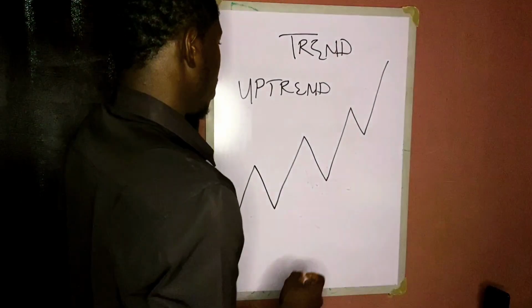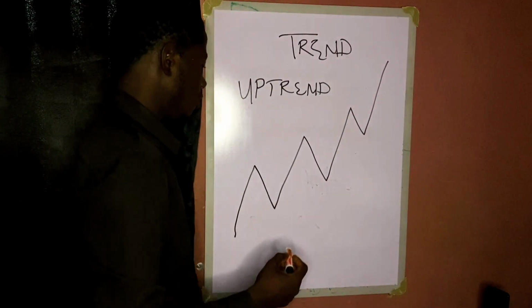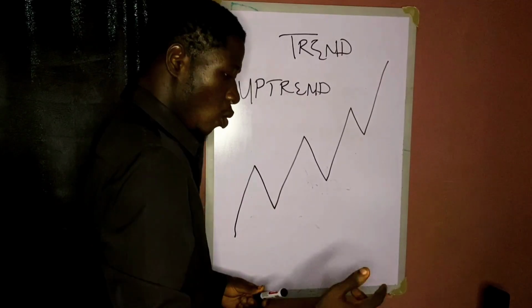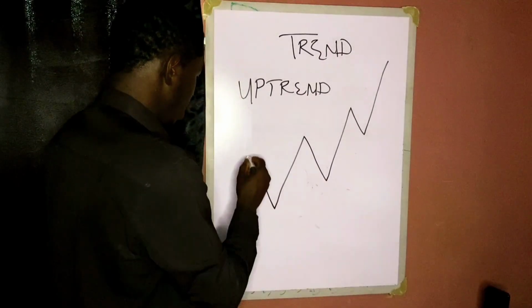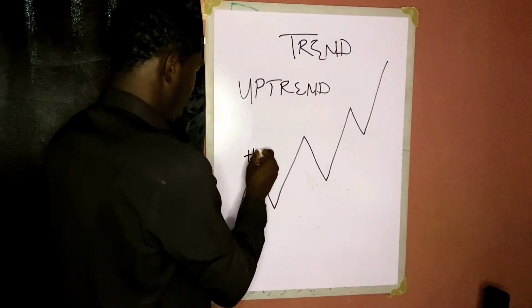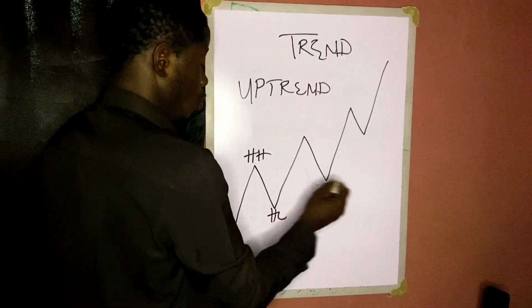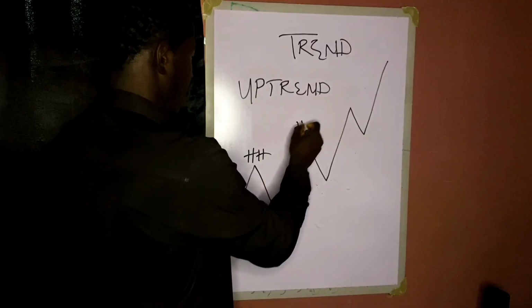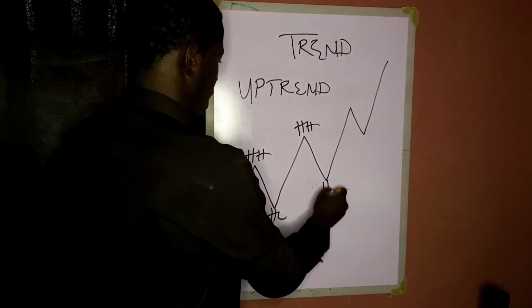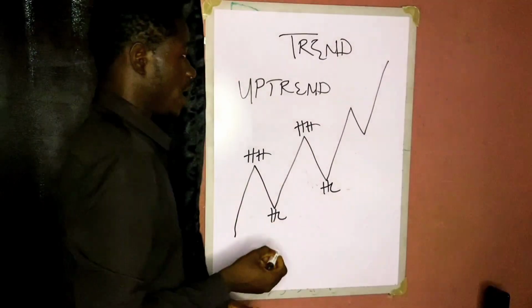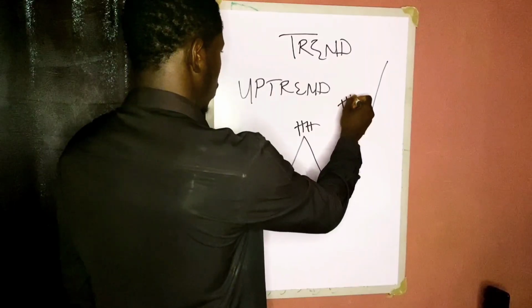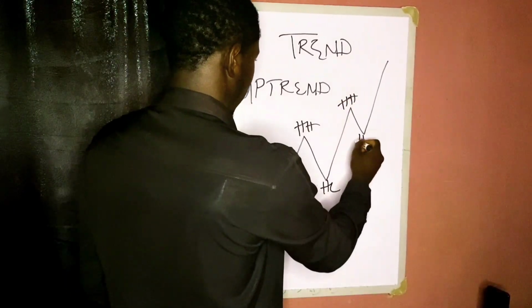This is how the market simply moves. What we simply want to see is price creating higher lows, and creating higher highs, and creating new higher lows, and the cycle continues again, just like that.